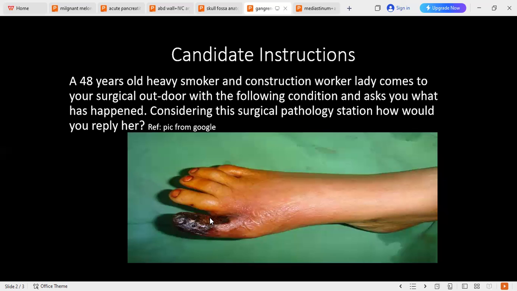Since it's a pathology station, please tell me the pathogenesis behind necrosis. Necrosis is usually due to ischemia of the tissue, where the cell undergoes autolysis and rupture of the cell membrane and is digested by the lysosomes.